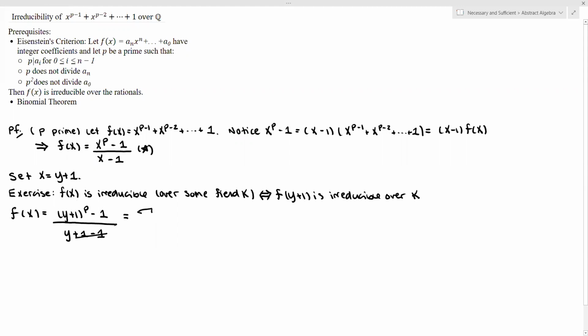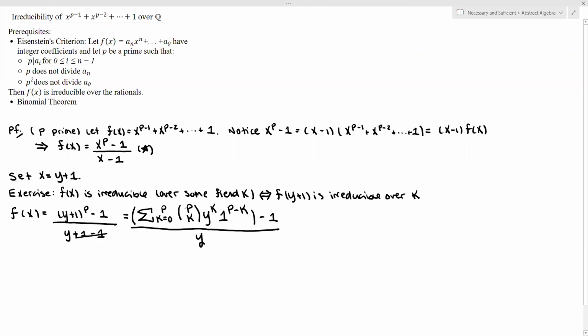This is the same thing as the sum from k equals 0 to p of, oops, I forgot the most important part, the binomial coefficient, p choose k, y to the power of k, 1 to the power of p minus k. Of course, 1 to the power of p minus k is still going to be 1. So this gives us y plus 1 to the p, and we're still subtracting 1 off of this, whole thing divided by y.